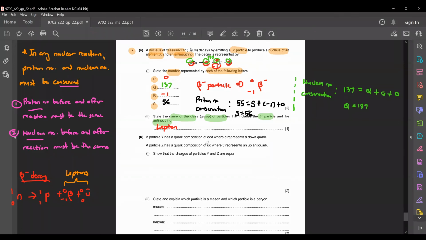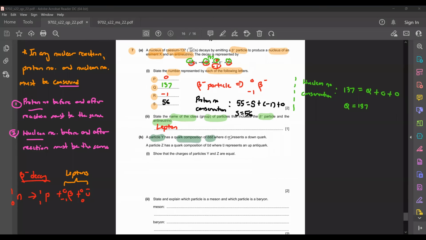All right, now you move on to the next part of the question. You have particle Y that has quark composition of DDD, where D represents a down quark, and then particle Z has a quark composition of U bar D, where U bar represents an up antiquark. Show that the charges of particle Y and Z are equal here. So in our case, the charge of an up quark is +2/3e.